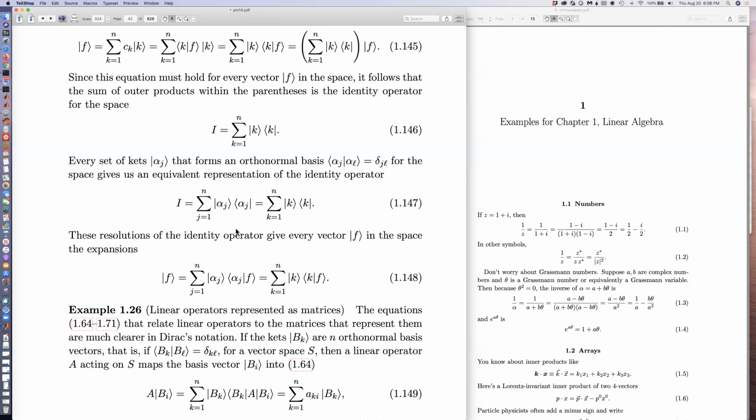And that means that you can expand any vector F by multiplying the vector F by the identity operator expressed in terms of the alphas or in terms of the K's. And so you get two different expressions there.